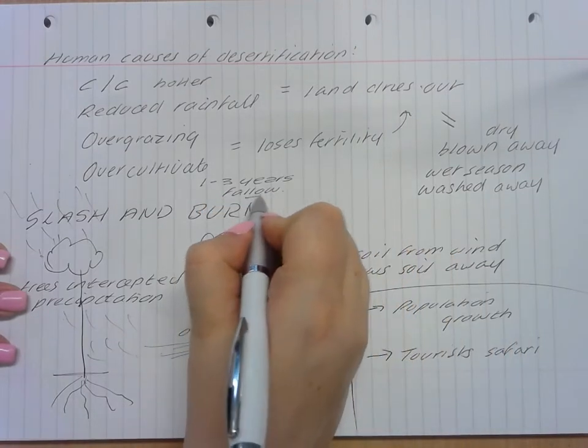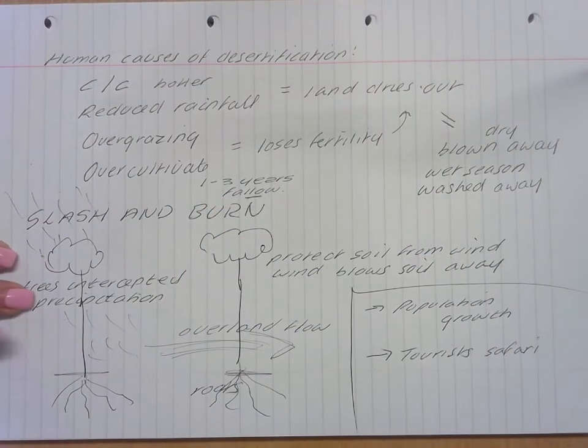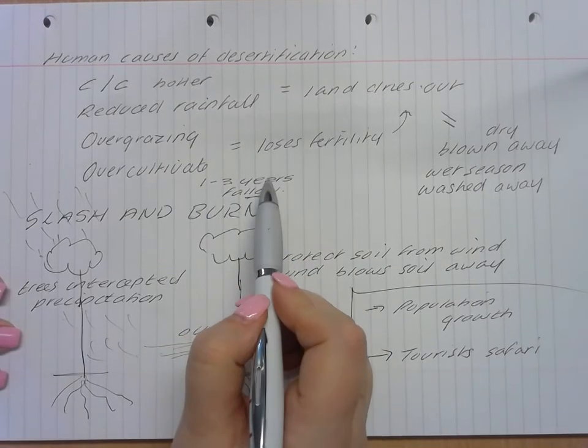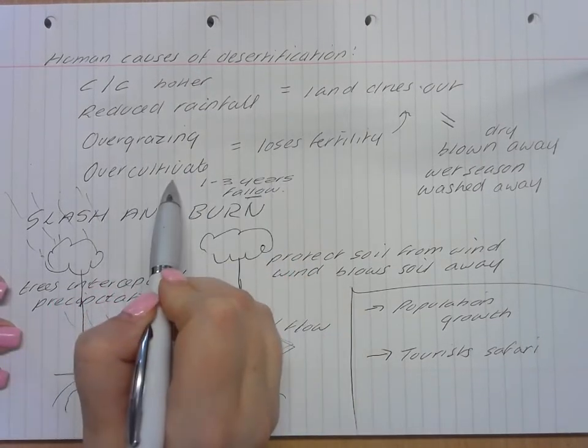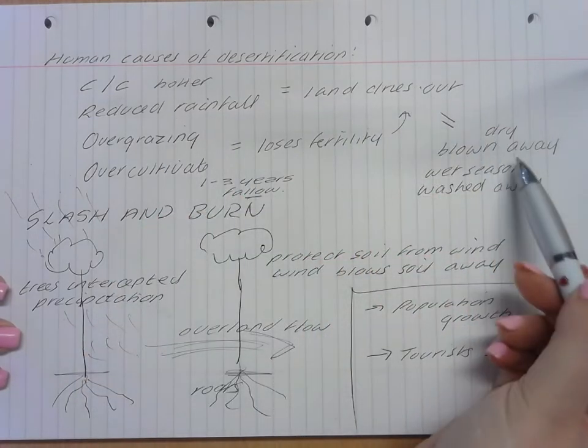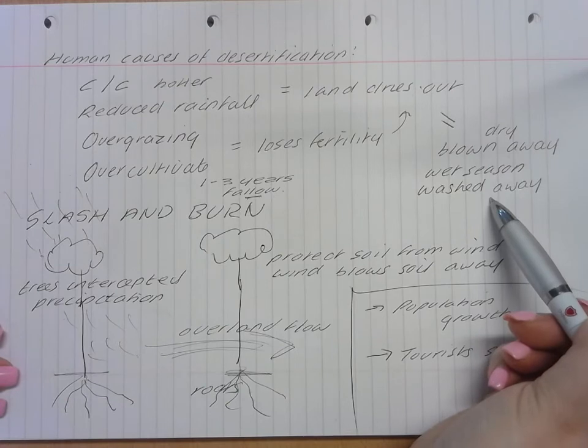Fallow means that you're leaving it alone to recover the nutrients. You let the nutrient cycle continue. You let the plants grow, die, go back into the biomass and then repeat to let the nutrients build up. So that's what should happen. But when it's overcultivated, it doesn't. All of that means it loses fertility and dries out, and it is blown away or washed away.